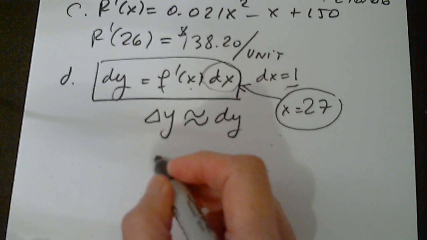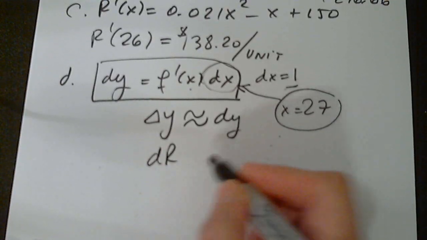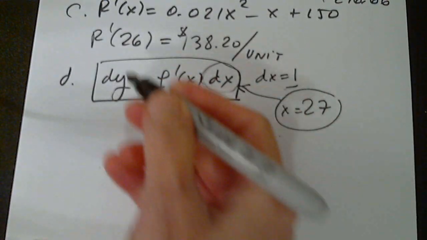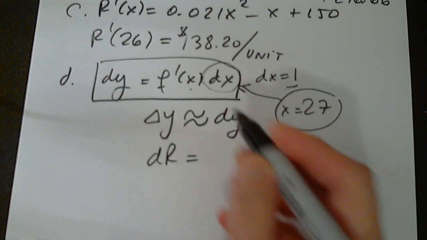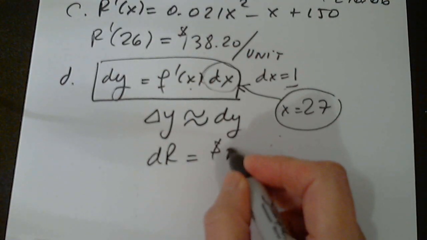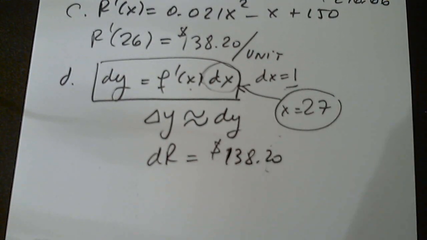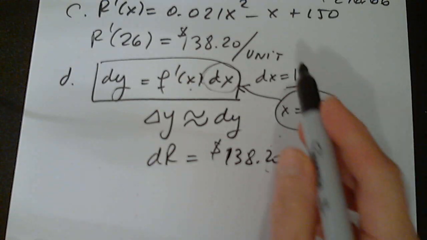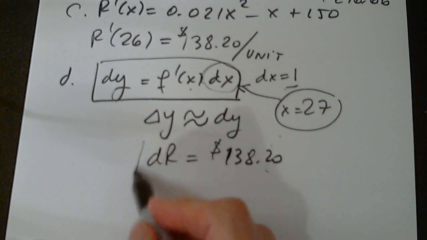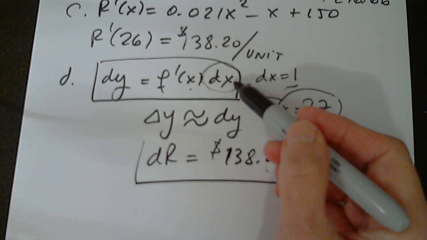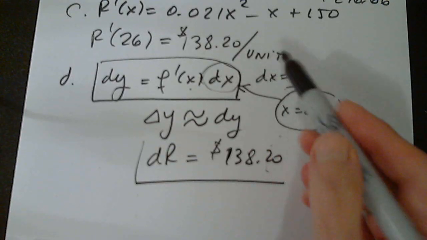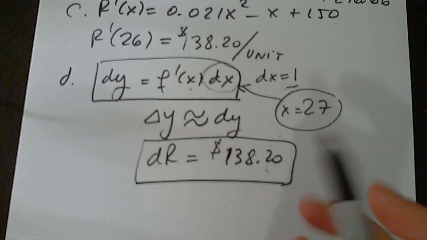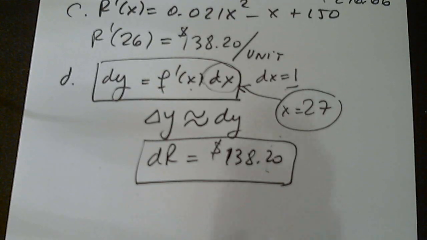So dy, or if you want to call it dr, better. This is the general form. So now I have r because it's revenue. It's this and nothing else. Not per unit, because we multiply by dx and we simplify unit with unit. So dr is only in dollars.